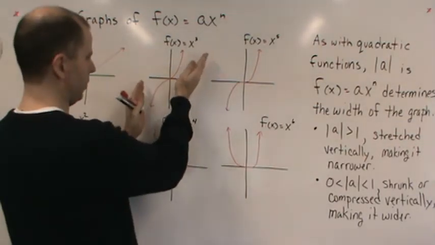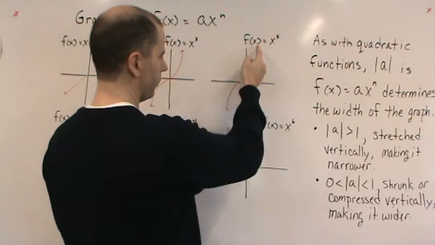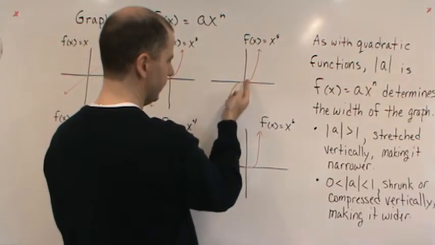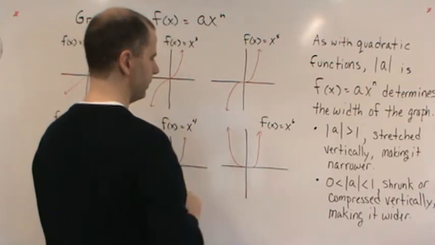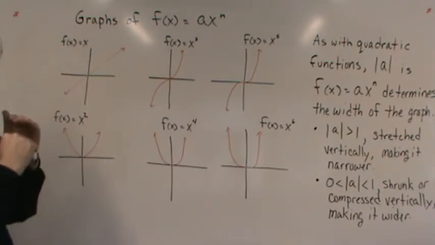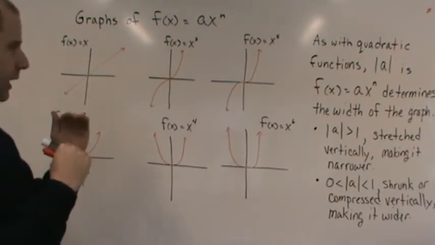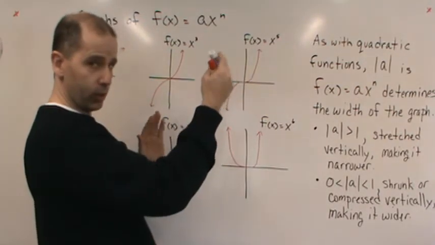It's getting closer and closer to the y-axis, becoming more and more vertical, but it flattens out and goes through flat here and then continues down. So there's a flattening that goes on in the middle around the origin, and the tails of the graph get narrower.